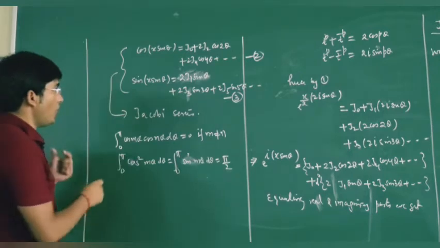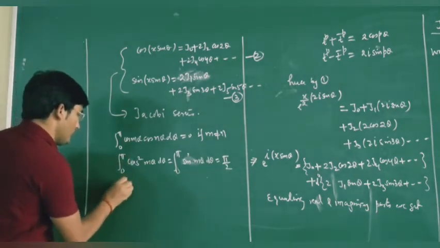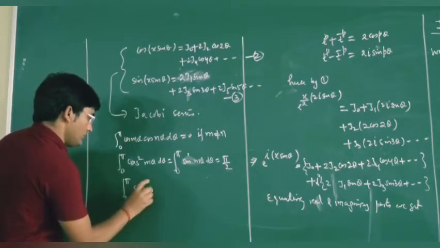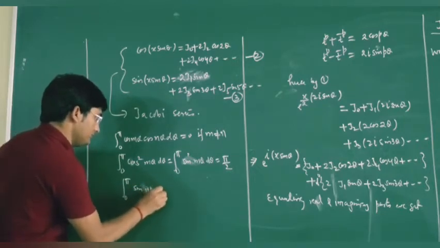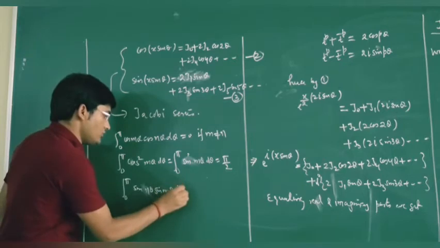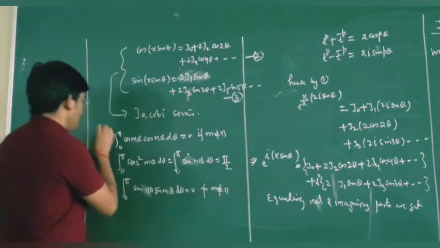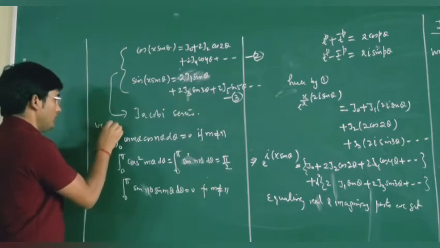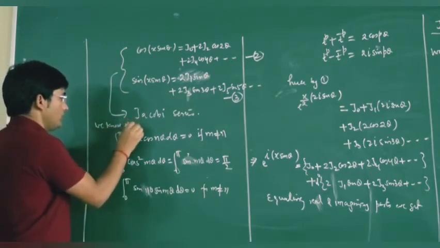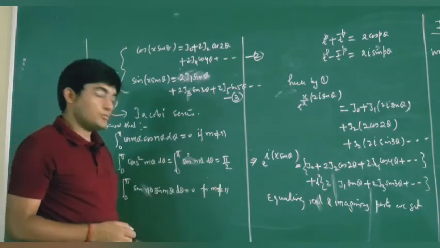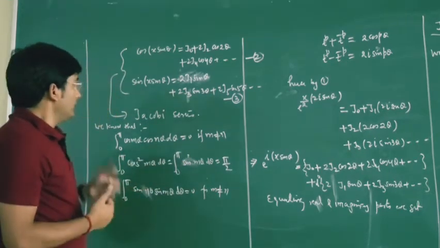And the integral from 0 to pi of sin m theta into sin n theta is again 0 for m not equal to n. We know that these three integrals are equal to 0 or pi by 2.